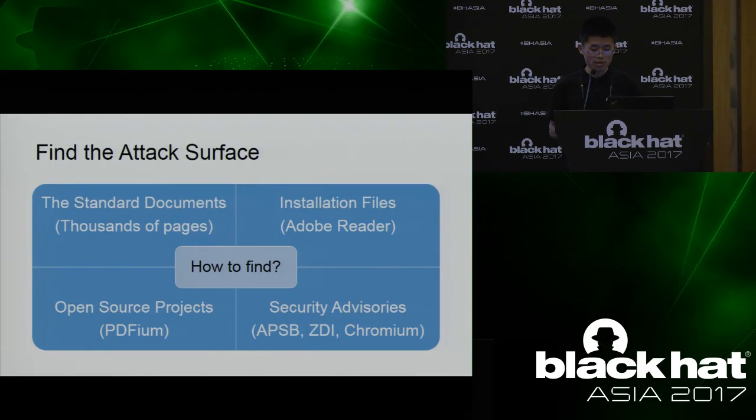And the fourth one is to watch the security advisories, such as APSB, which stands for the Adobe Product Security Bulletin, and ZDI's security advisories, and Chromium's security issues. And for time reasons, I'll just talk about the second and the third methods here.